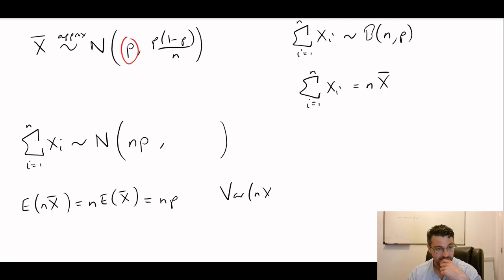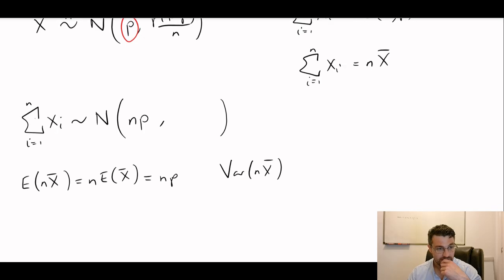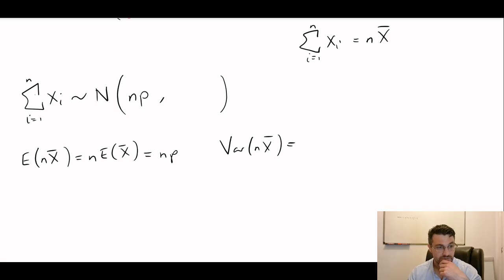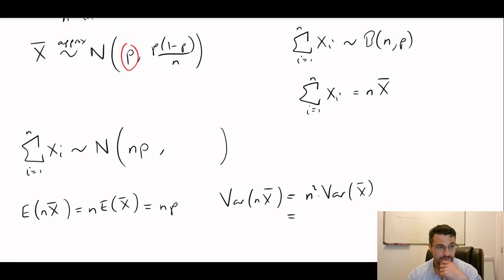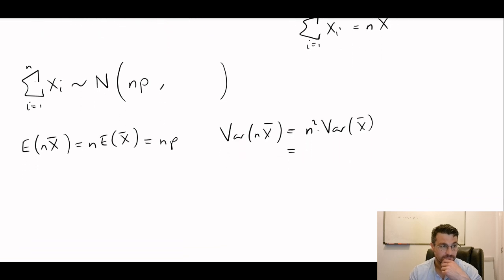The variance of n x bar is equal to n squared times the variance of x bar. What's the variance of x bar? It's p times (1 minus p) over n. So n squared times p times (1 minus p) over n is np times (1 minus p).